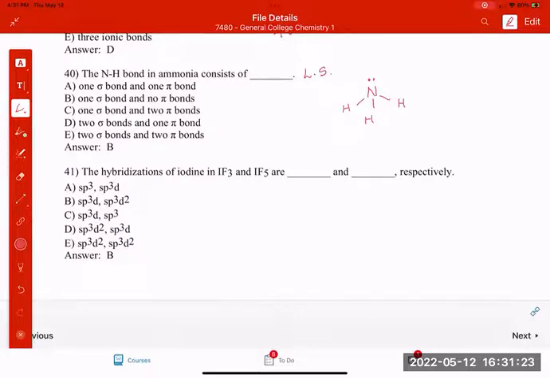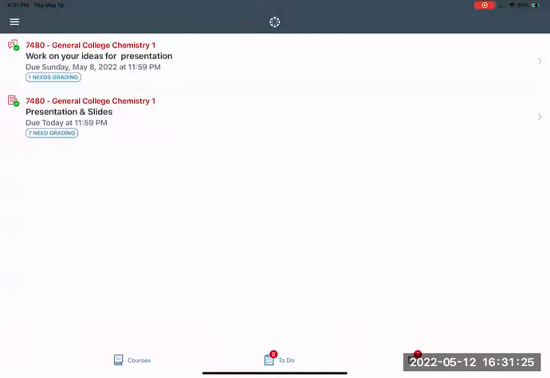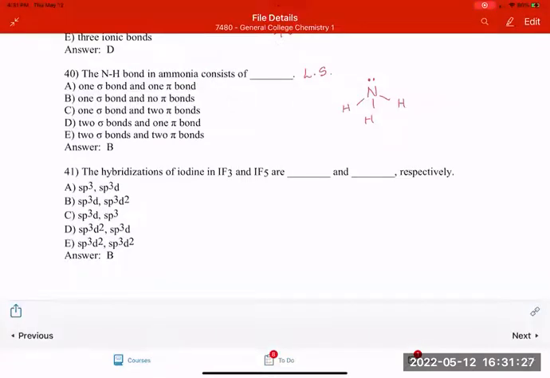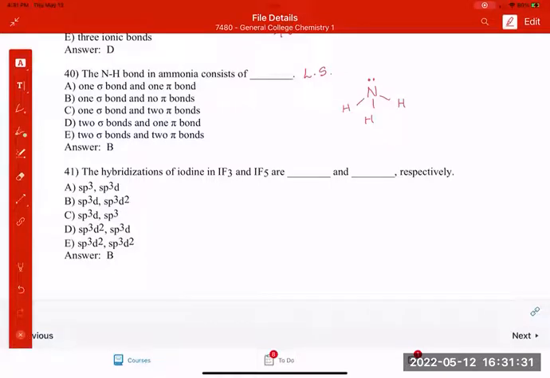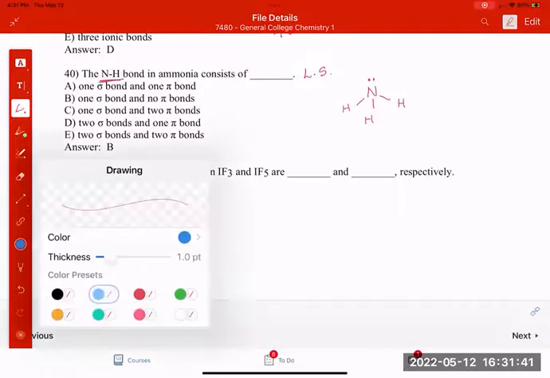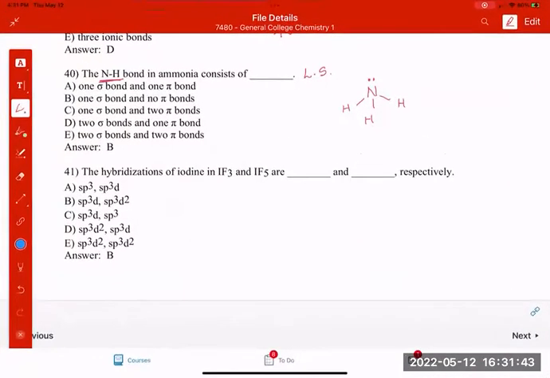But remember, the question is asking about 1 NH bond, not the entire ammonia molecule. We looked at the entire ammonia molecule, but here's the NH bond. So 1 NH bond consists of only a sigma bond. So 1 NH bond is just 1 sigma.